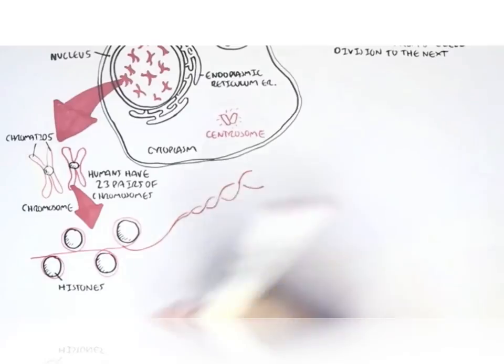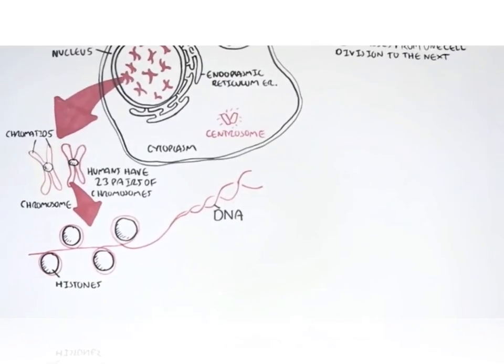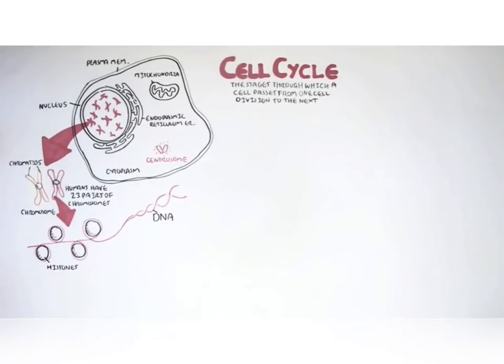So here is our DNA wrapping around the histones, which make up the chromosome. Now it is important to understand that we have 23 pairs of chromosomes, which means 46 chromosomes. Keep that in mind.